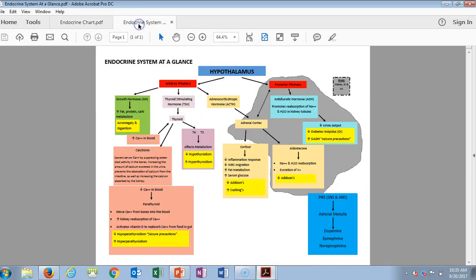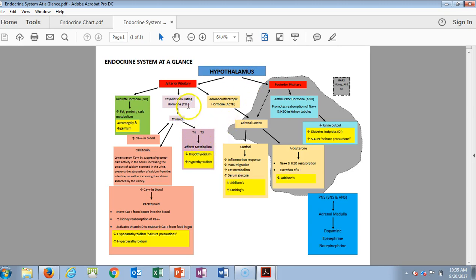The other one is basically the endocrine system at a glance that I put together, and it shows the relationship with the hypothalamus being at the top here. Let me give you an example.